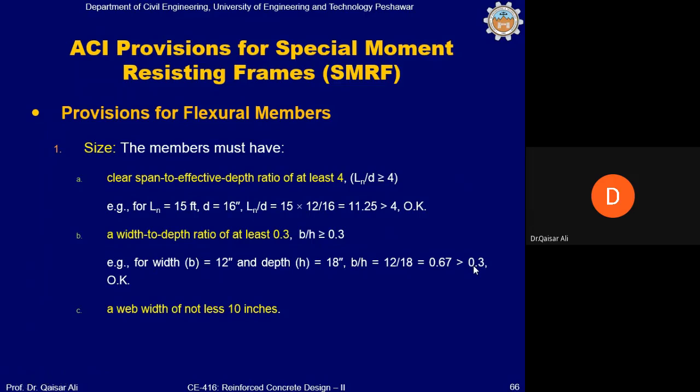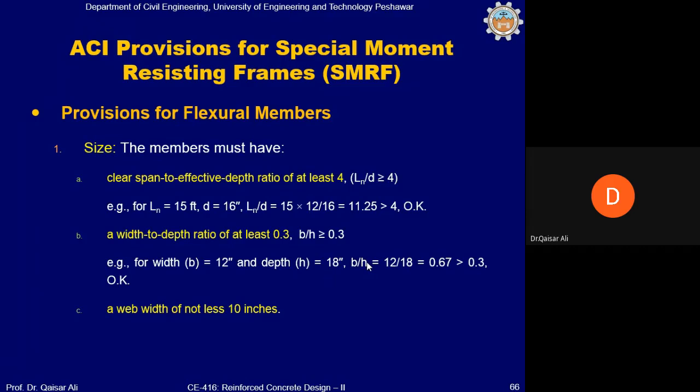However, if the beam width is 12 inches and the depth is, let's say, 60 inches, then 12 divided by 60 is 0.2, which is less than 0.3. So that condition is not allowed.